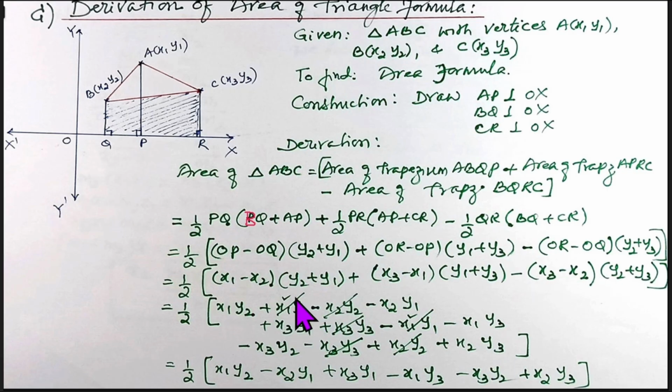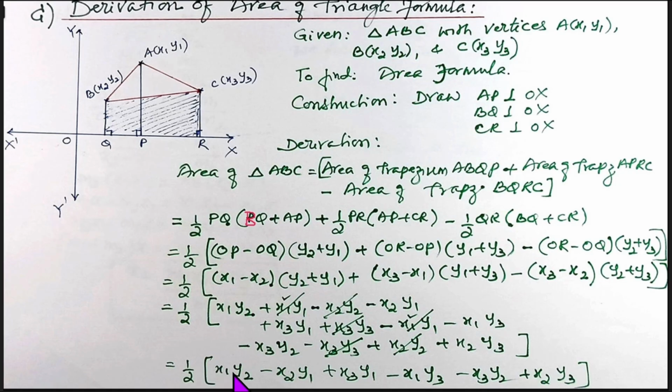Now we observe here x1 y1 cancels with x1 y1 because plus x1 y1 minus x1 y1, minus x2 y2 cancels with plus x2 y2, minus x2 y1 minus x2 y1 it doesn't cancel, x3 y3 cancels with x3 y3. So the remaining terms are x1 y2, minus x2 y1 minus x2 y1 plus x3 y1, then we have got minus x1 y3, then minus x3 y2 and then x2 y3.